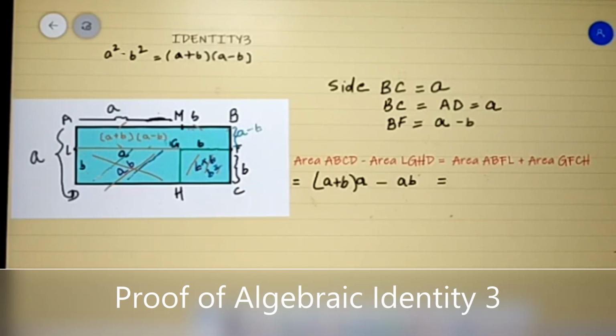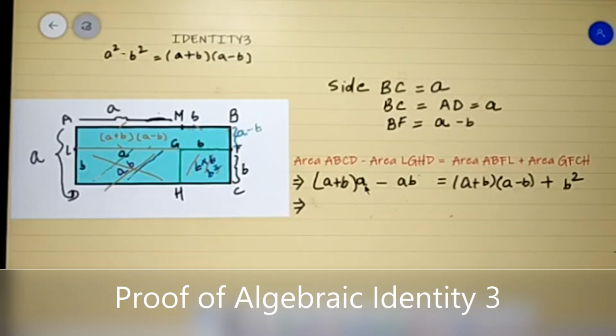ABFL is A plus B into A minus B. So we write it here A plus B into A minus B. And then plus area of GFCH. GFCH is B square. So we write it here B square. So very interesting equation we have here, and then we solve it to get the identity.